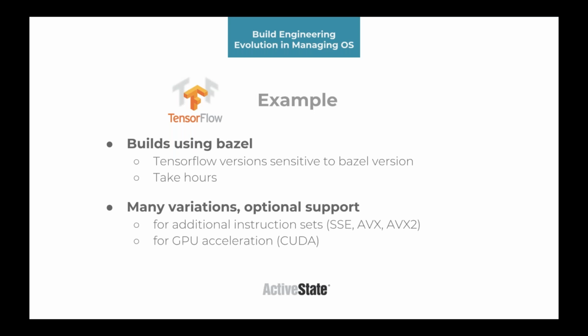TensorFlow, everybody wants it to run fast because it does a lot of work. And there are a number of options for making it go faster. The instruction sets that you can optimize for include SSE, AVX, AVX2, and I believe there's now support for AVX 512.